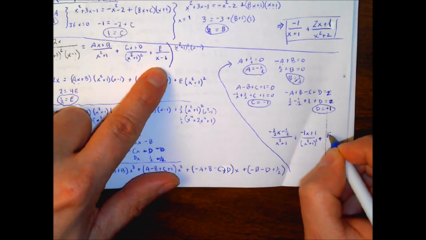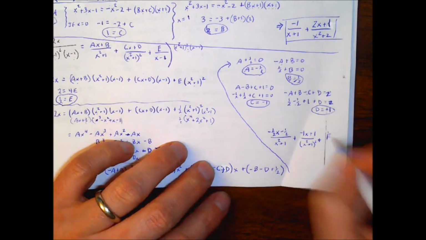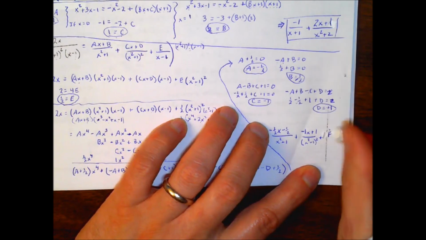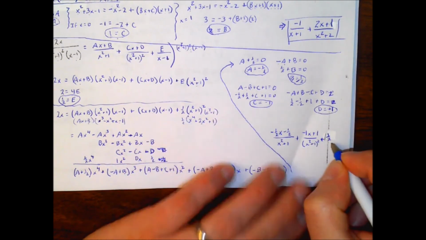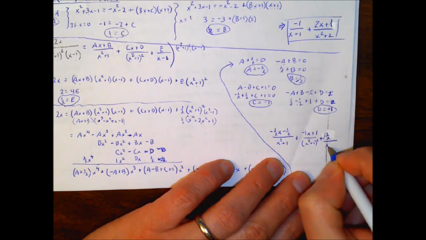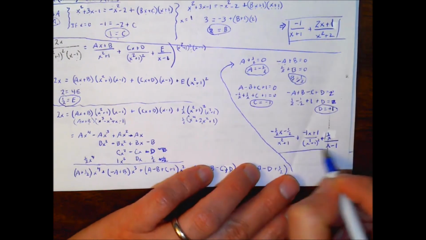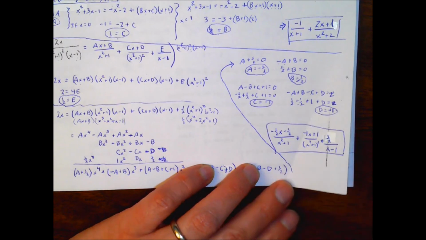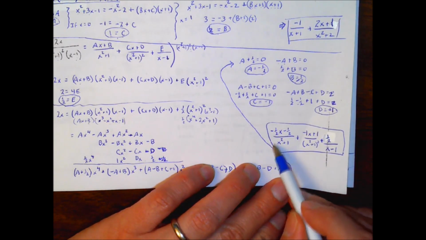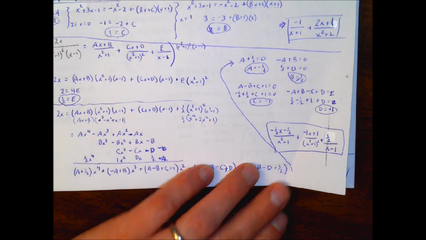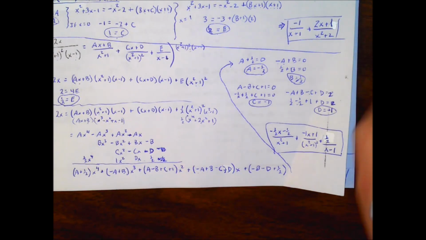Whoops, e was 1/2, so plus 1/2 there over the x minus 1. Okay, and there is my final answer. You can also bring the 2's down here, so you'd have a 2 out front if you'd like to do that too. So that's some good problems right there.